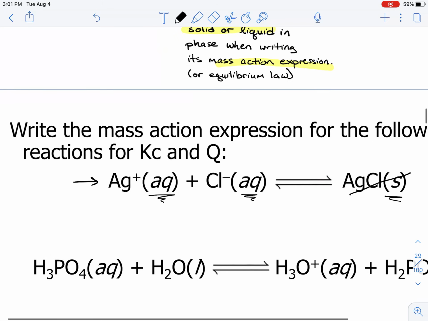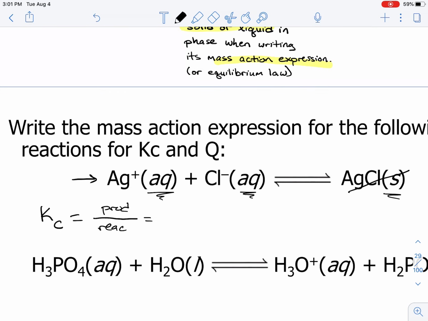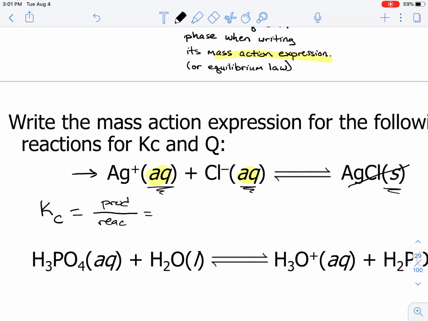And so when we write the equilibrium constant Kc for this specific reaction, it's still a ratio of products to reactants, but specifically only products and reactants that are aqueous or gas in phase. We ignore liquid and solid completely just because their molar concentration is constant and it will not change or affect the value of the equilibrium constant Kc.